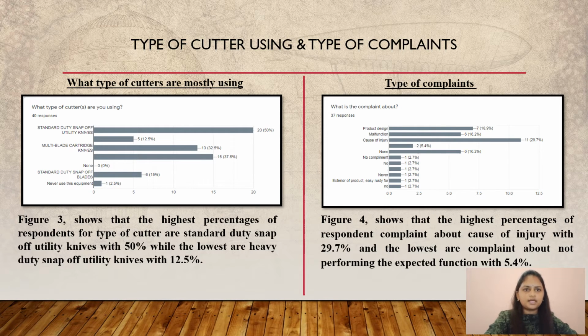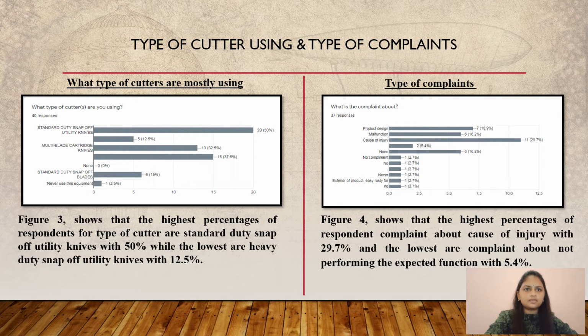The bar chart above shows some of the problems that customers often face when using stationery products. Based on these results, there are many problems faced by customers such as design, function, and cause of injury.